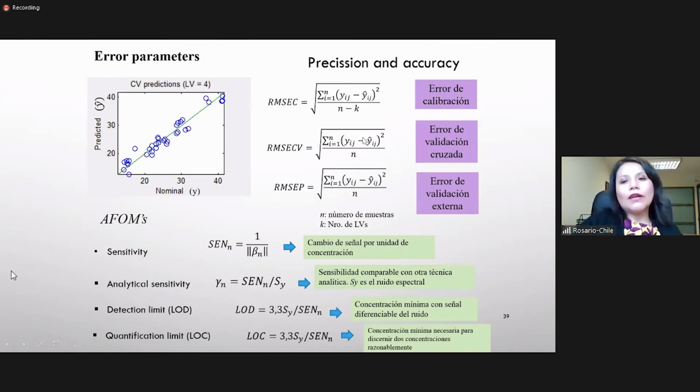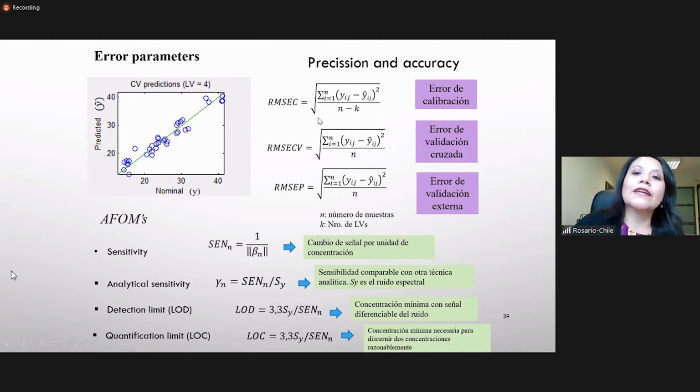So here we have the analytical figures of merit used in multivariate calibration, to be exact in first order calibration methods. This is the real value of concentration, and this is the predicted value of concentration. This difference can be summarized in a form similar to a standard deviation.